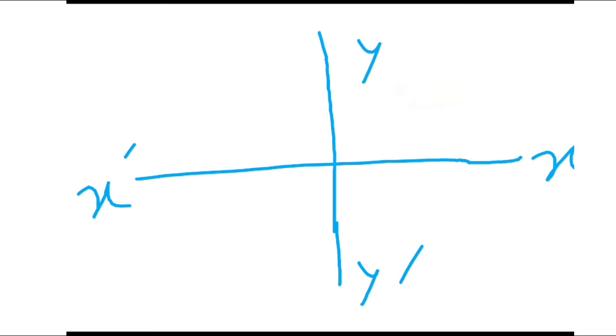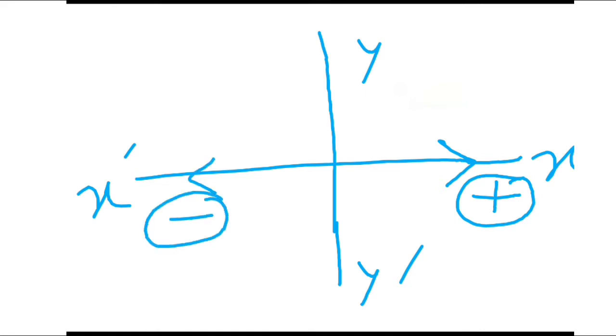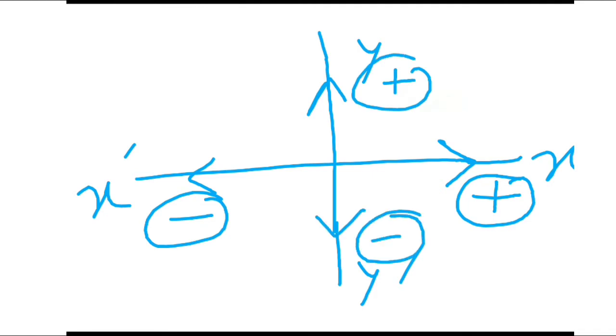In this direction we put all the positive values, and in this direction all the negative values; in the above direction we put all the positive values, and in the below direction all the negative values. Similar to that, we will use the pole as the origin. Similar to this positive and negative direction, we will use this method in mirrors.